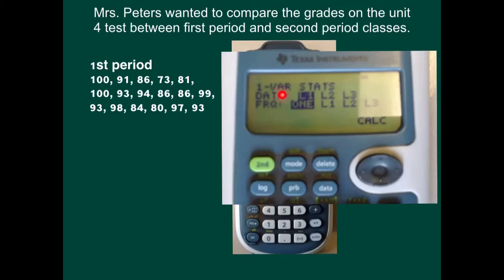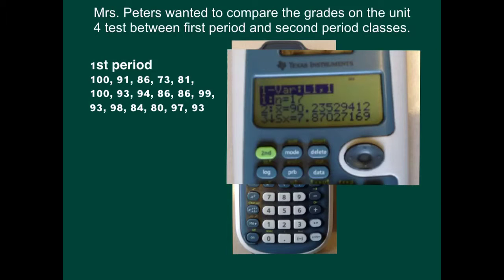It should say one variable statistics right here. Okay, we're getting our data. We entered it in L1, so we want to make sure it says L1, and our frequency is 1. We're not using a frequency table at this time. Then you're going to hit enter, and it's going to come down, it's going to highlight calc, and you're going to hit enter again. This is what you should see on your screen now.